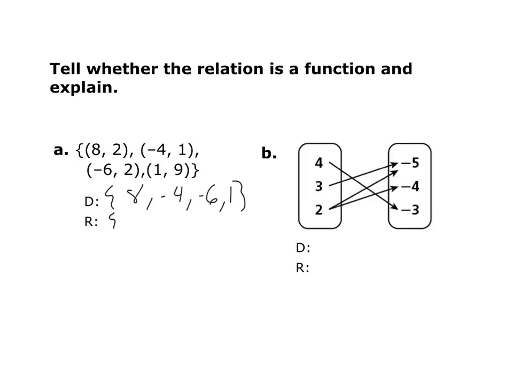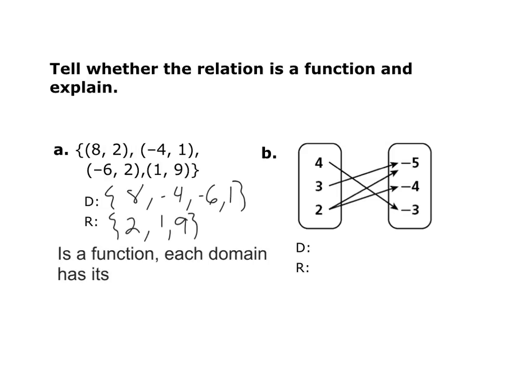Our range is going to be 2, 1, and 9. Okay, and if we look, because I didn't have to skip any of my x values, it is a function. Each domain has its own range value.